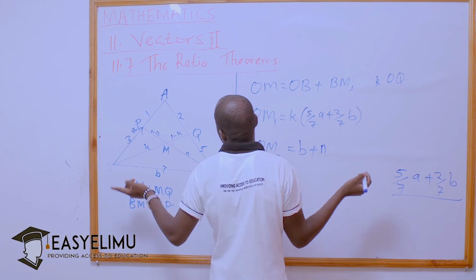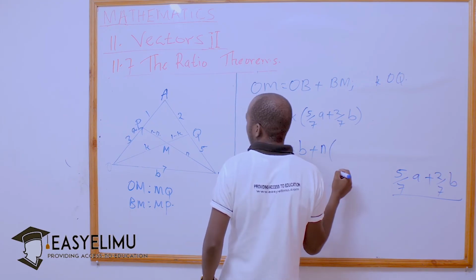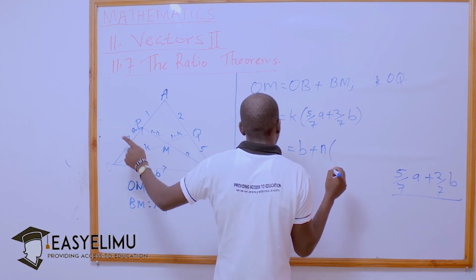total ratio is just 1. So it is N multiplied by what I have is BP.